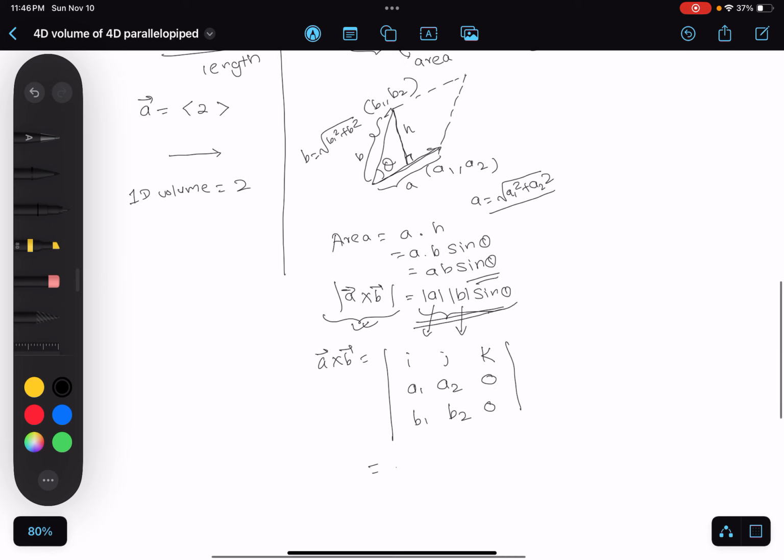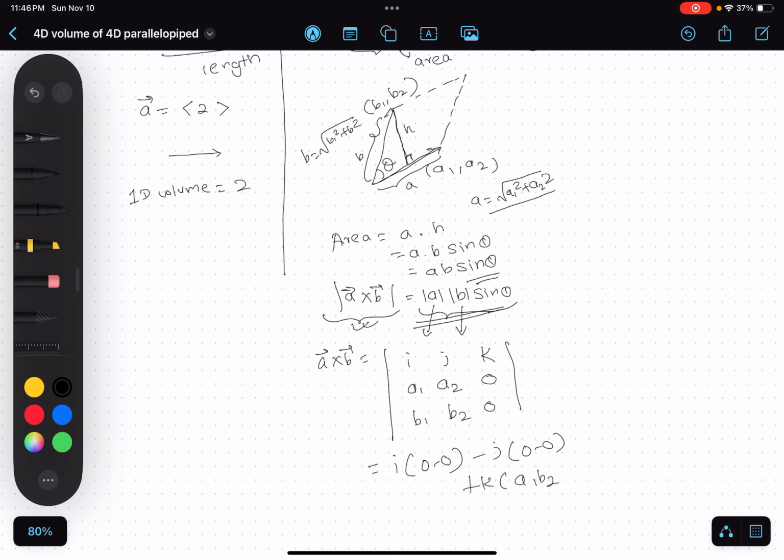And now this will be i times 0 minus 0, minus j times 0 minus 0, plus k times a1 b2 minus a2 b1, but let me just write it as a determinant for now, without expanding, times this determinant a1 b1 a2 b2, right?